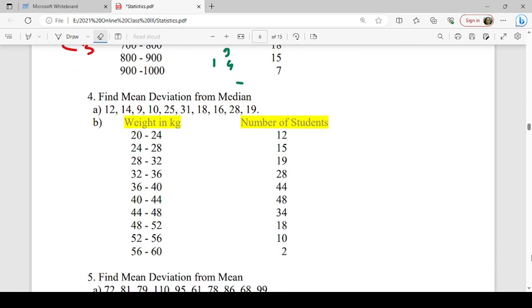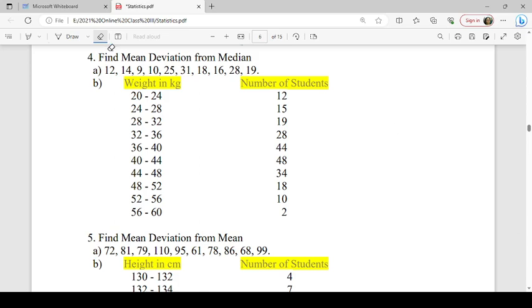Now let us see this one. So median. If we see for this one, then median here is, lowest is, you have to write in ascending order.